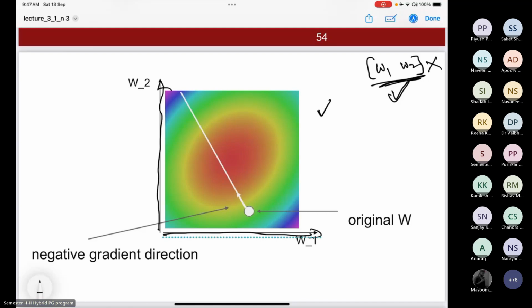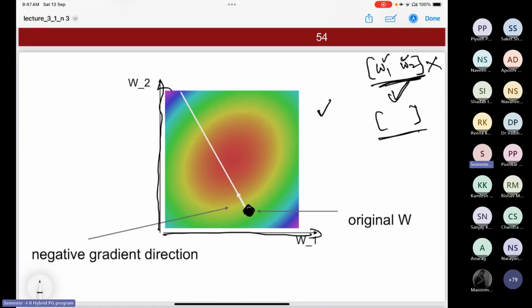Initially you will be given some value for W1, some value for W2. This is the initial value that is taken from somewhere, maybe from some distribution, and that is the starting point. So suppose you started from here, you took one value of W1, one value of W2, just random values.